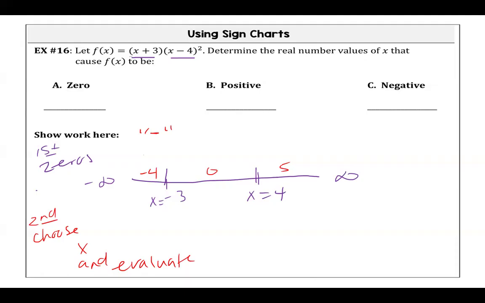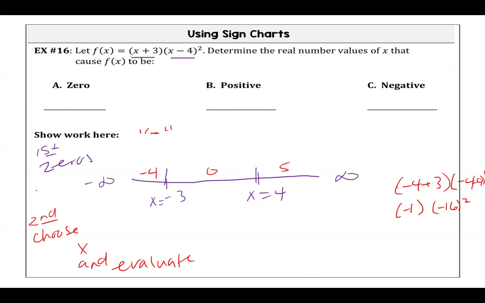Okay? So if you need to actually do -4 plus 3 times -4 minus 4 squared, that's going to give me -1 times -16 squared.